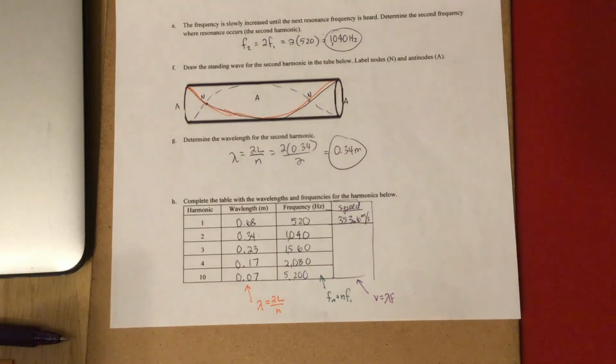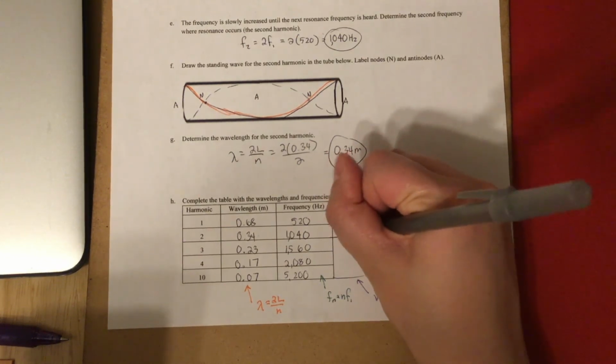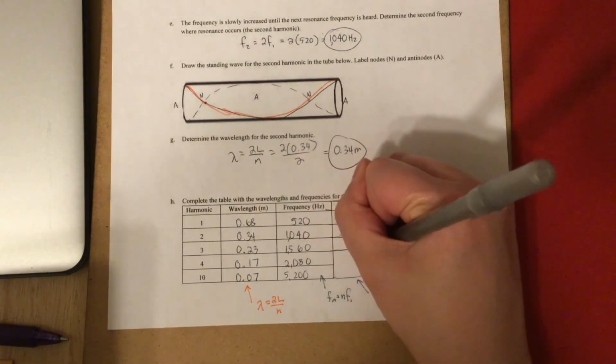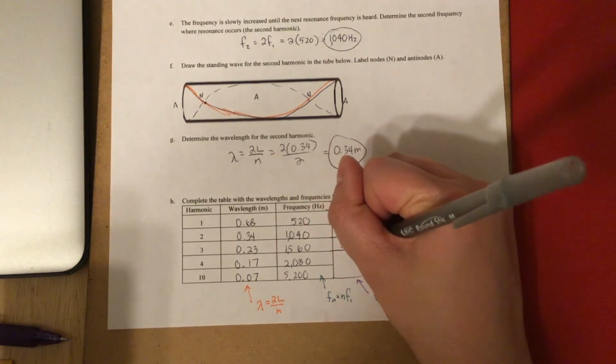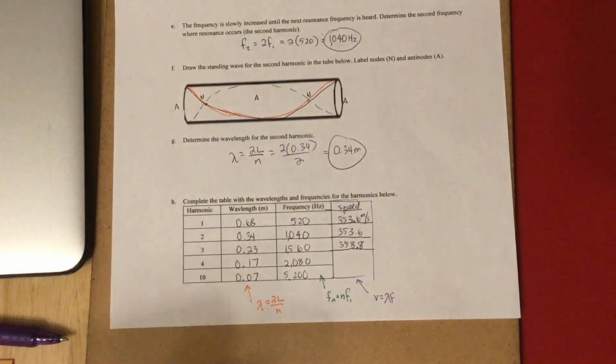Right. That value should be approximately the same for all the different data points. So exactly the same for harmonic 2. Pretty close for harmonic 3. And these might be coming from rounding differences.